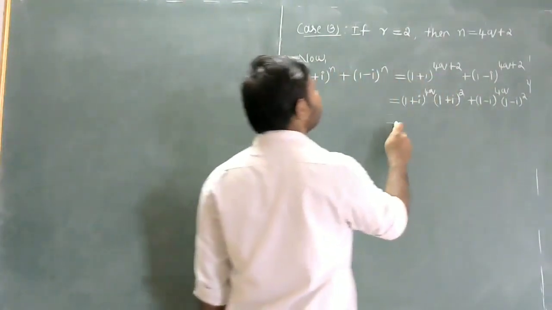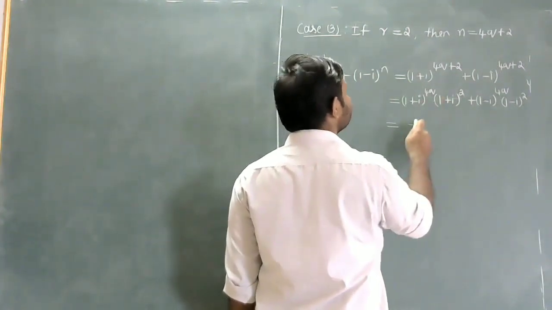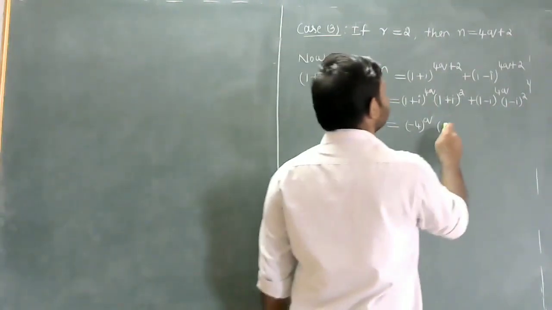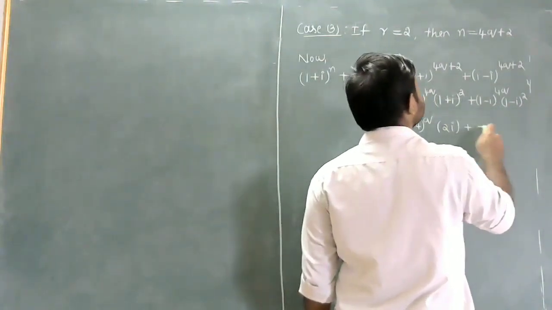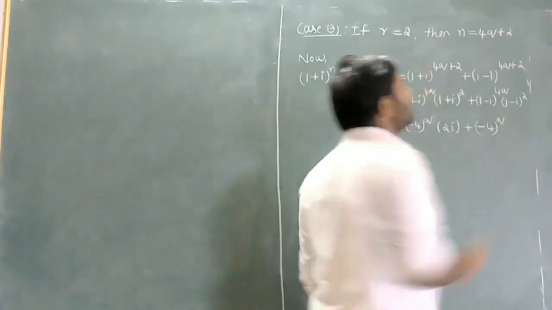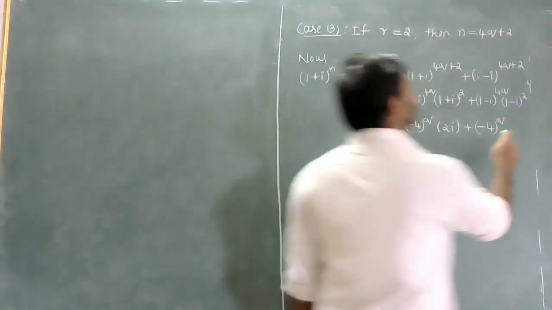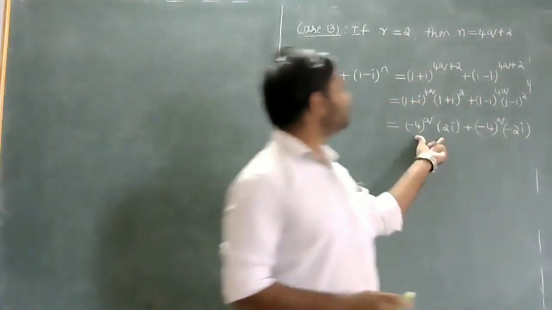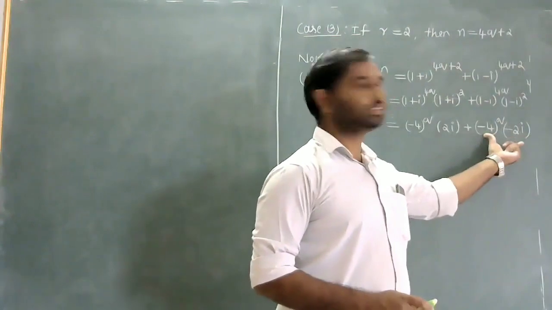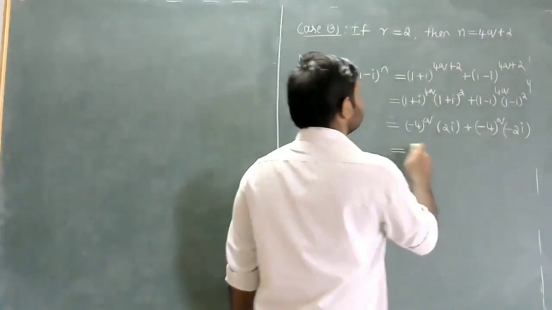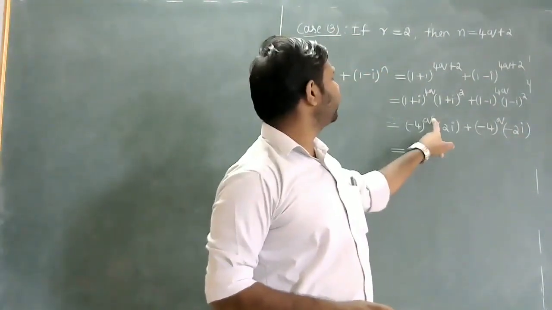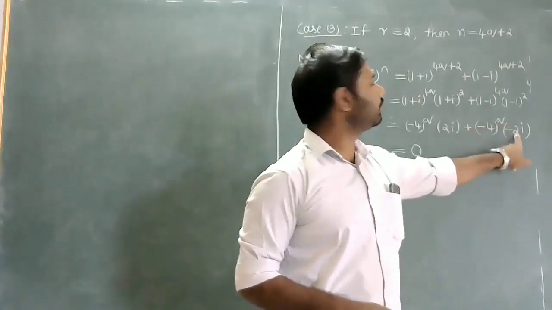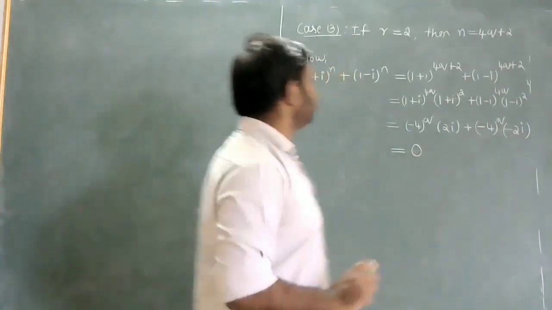Now just substitute the values. (1 plus i)^(4q) is actually (minus 4)^q. (1 plus i)^2 is 2i. Plus this is (minus 4)^q. (1 minus i)^2 is actually minus 2i. So it will be just 0, because (minus 4)^q times 2i plus (minus 4)^q times minus 2i. So it will be 0.